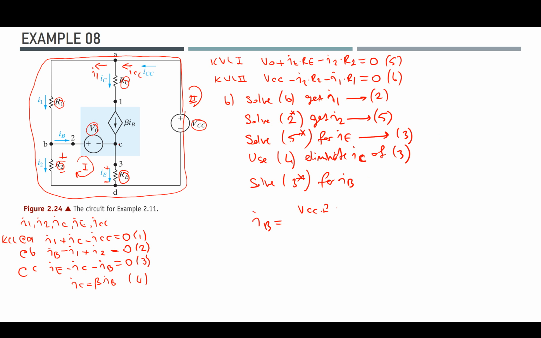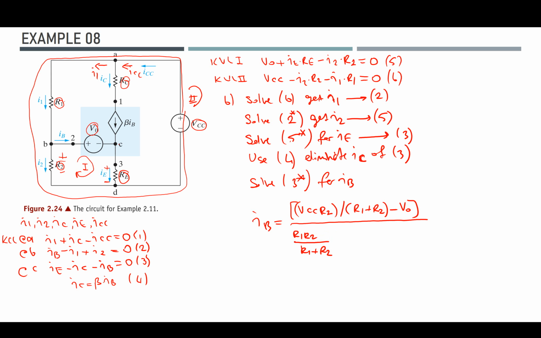VCC times this is a kind of mathematical exercise that I leave to you, but when you do it correctly you should have these results. R1 plus R2 minus V0, this is all in one equation over R1 R2 over R1 plus R2.